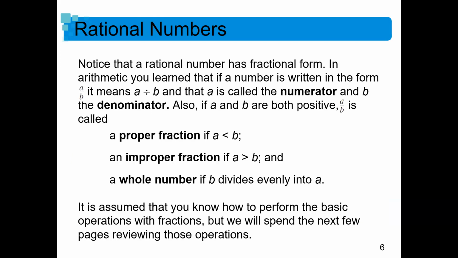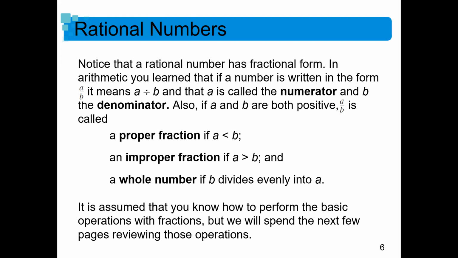Okay. So notice that a rational number has fractional form. In arithmetic, you learn that if a number is written in the form a over b, it means a divided by b, and that a is called the numerator and b is called the denominator. Also, if a and b are both positive, a divided by b is called a proper fraction if a is less than b, an improper fraction if a is greater than b.